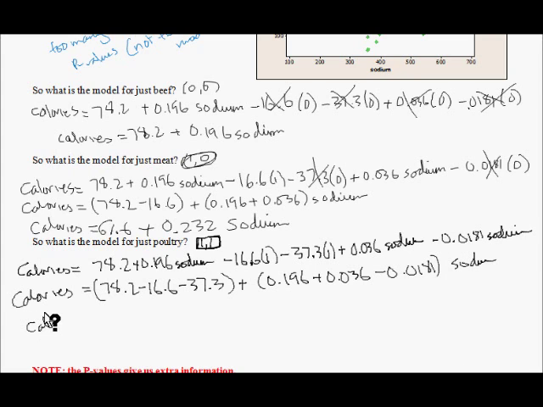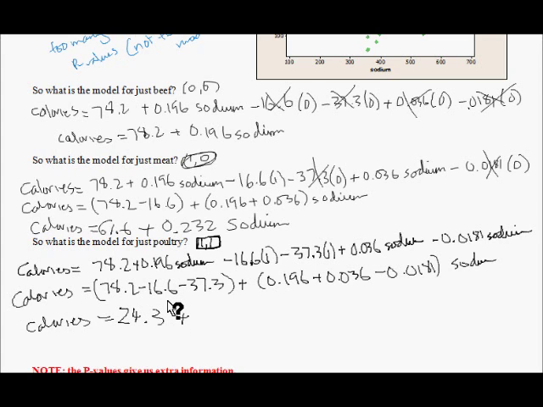So calories is equal to, so take 78.2 minus 16.6, which gave us that 61.6, but also now minus 37.3, which is 24.3. So that's the intercept.